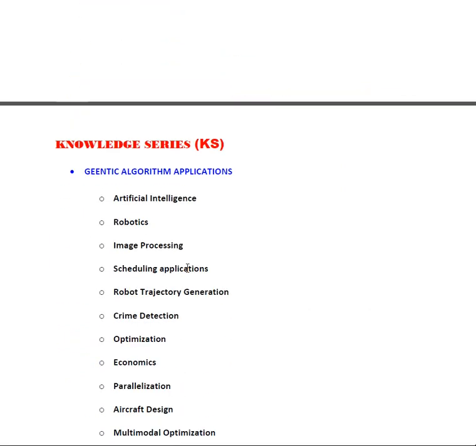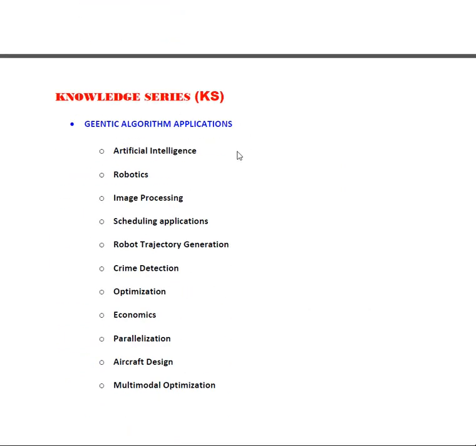The genetic algorithm is nowadays being used for artificial intelligence and machine learning applications. It is used for robotics applications, because nowadays robotic applications have increased, like body movement, leg movement, hand movement; all these things need efficient optimization techniques.